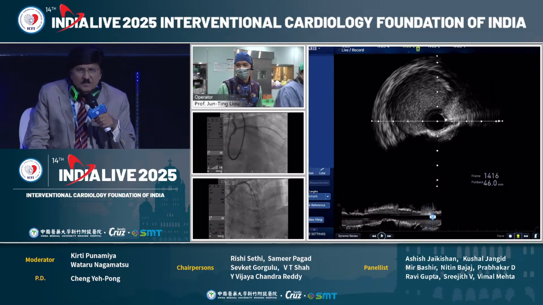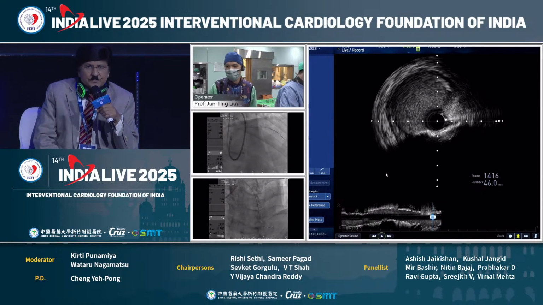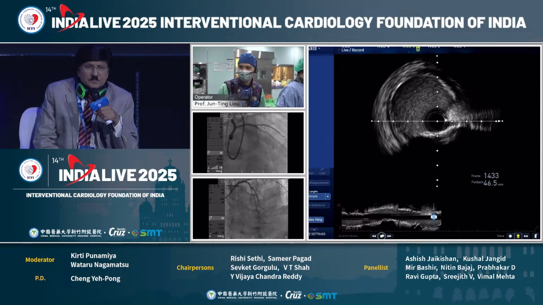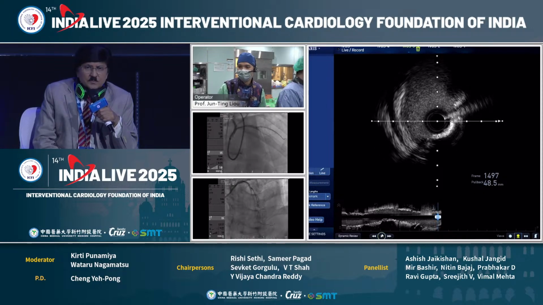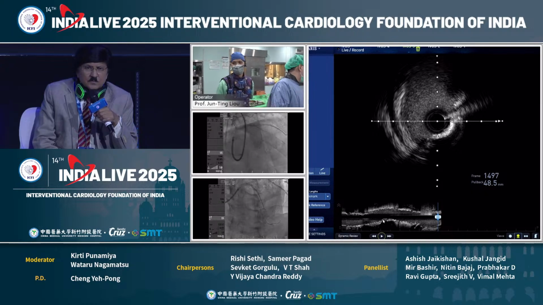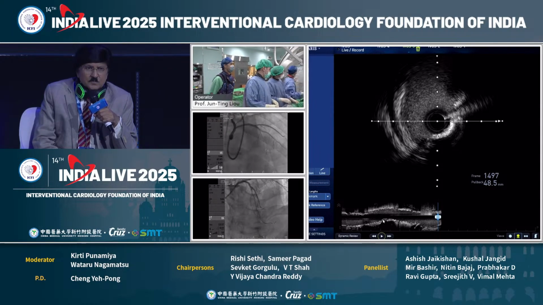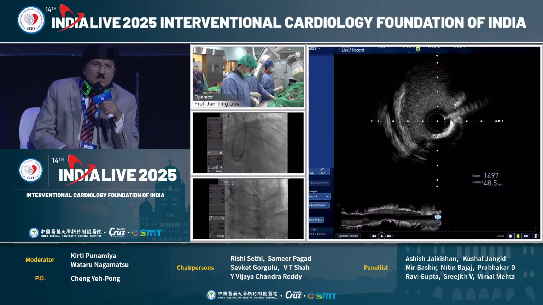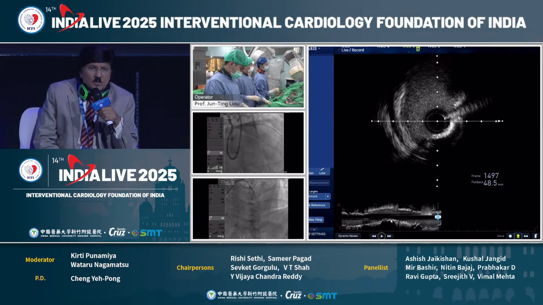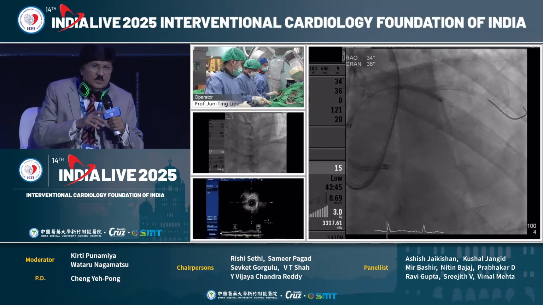And this is the left main. The left main is about 4.5 millimeter in diameter, and the plaque burden is relatively low compared to the LAD. Okay, that's the IVUS finding. Fortunately, all the way down we enter the true lumen without any dissection, but there's a big hematoma there.